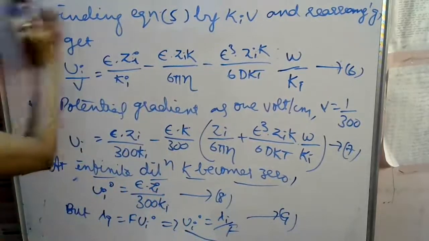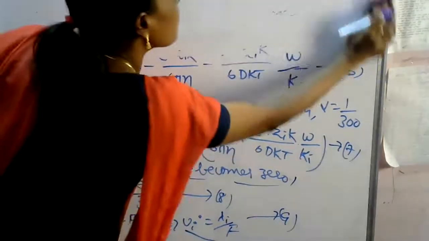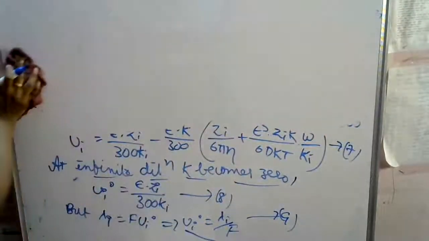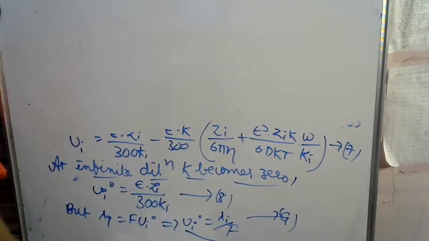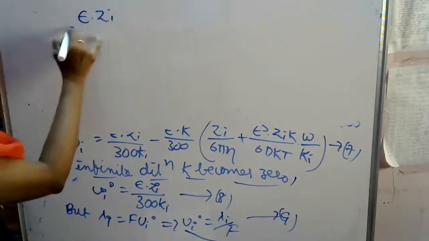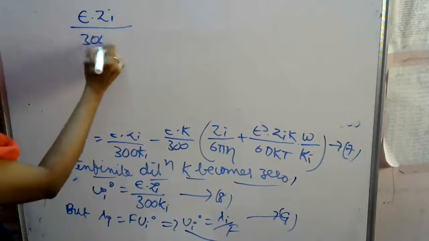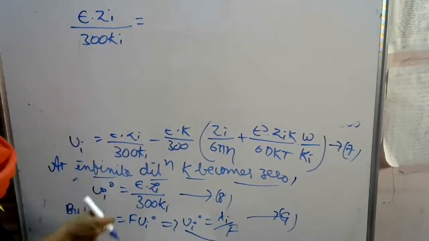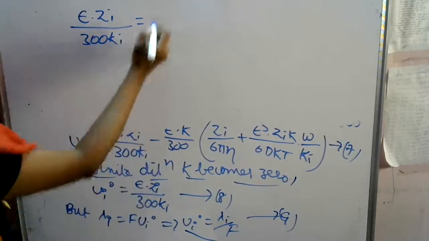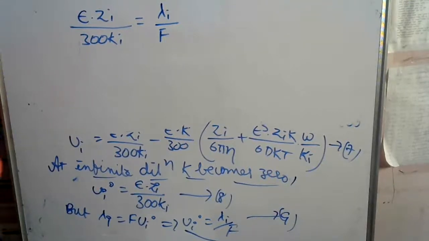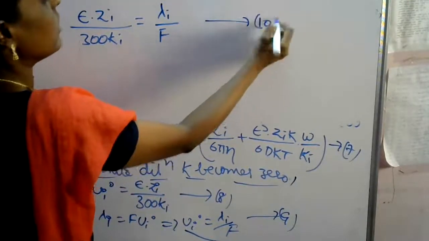Next, we will get epsilon Z_i by 300 K_i. So what is the U_i value? The U_i value is lambda_i by F. This is equation 10.